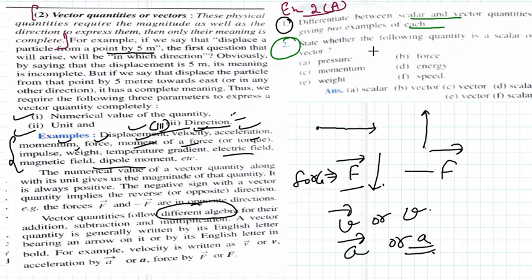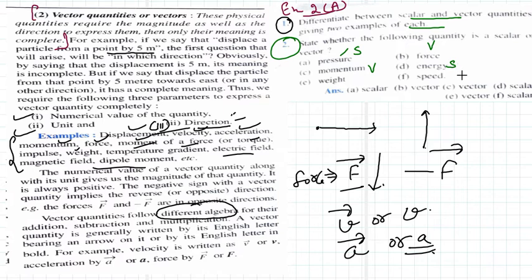Question 2 is: state whether the following quantities are scalar or vector. Pressure is a scalar quantity. Force, I have told you, is a vector, it requires direction. Momentum also requires direction, so it is a vector quantity. Energy doesn't need direction, so it is a scalar quantity.